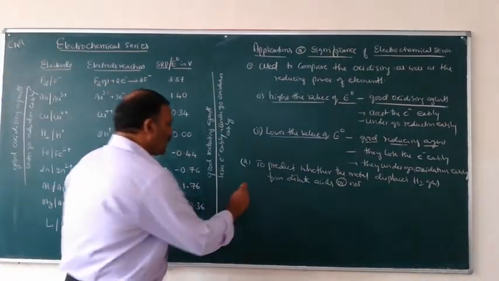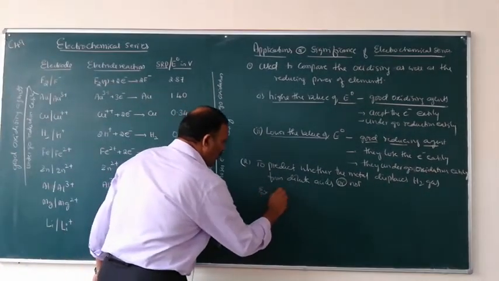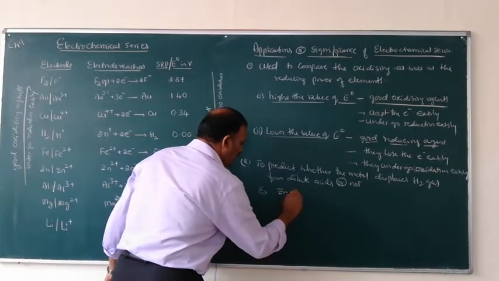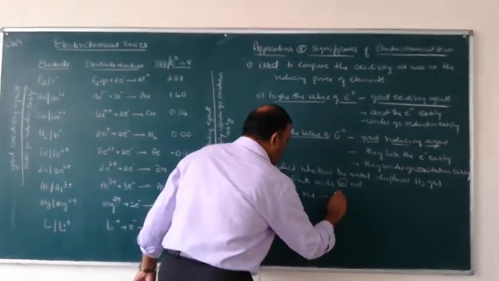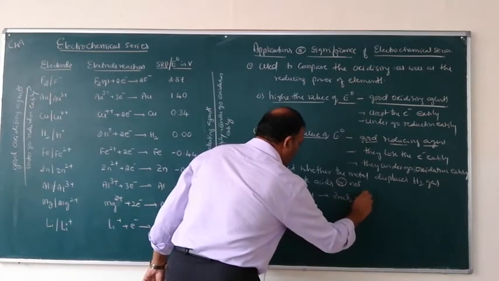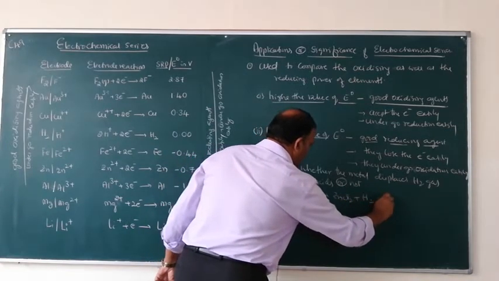For example, when zinc is added to dilute HCl, you will get zinc chloride plus hydrogen gas.